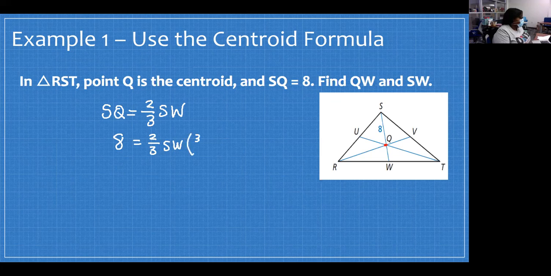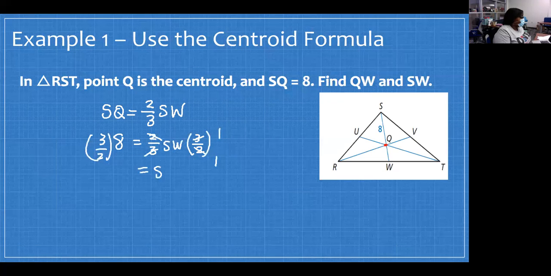So if I multiply both sides by 3/2, then these 2's will cancel out to be 1, and these 3's will cancel out to be 1. So on the right side, I have SW. And then over here on the left side, 8 times 3 is 24, and then 24 divided by 2 is 12. So SW is equal to 12.